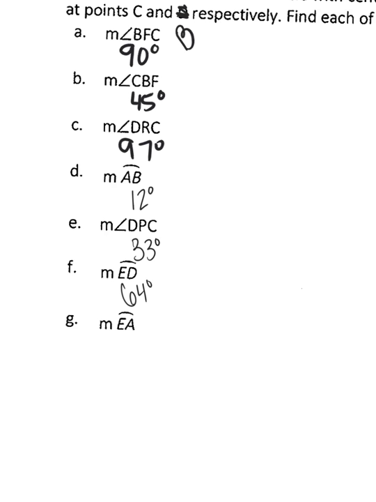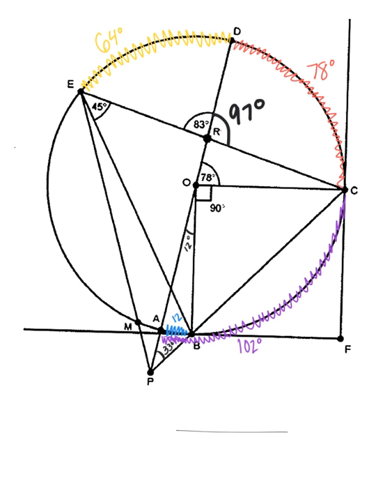Last but not least, I need to find the measure of arc EA. So that would be the degrees from E all the way through M and to A. Remember one more time that we have a diameter. I know that the line from D all the way through A, according to the directions, is a diameter.